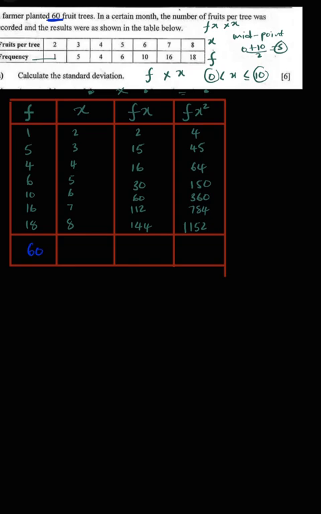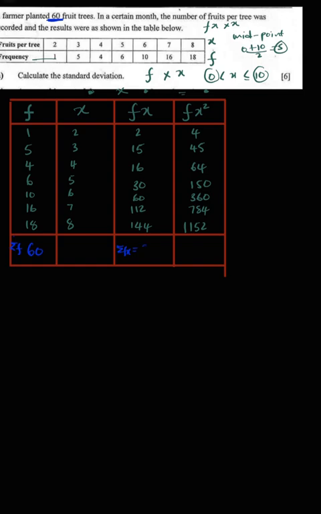We don't need to add the x's because in the formula for standard deviation, we don't see any x value there. So we just go straight and add the summation of f. So this is summation of f, then summation of fx here. So what are we getting? 2 plus 15 plus 16 plus 30 plus 60 plus 112 plus 144.